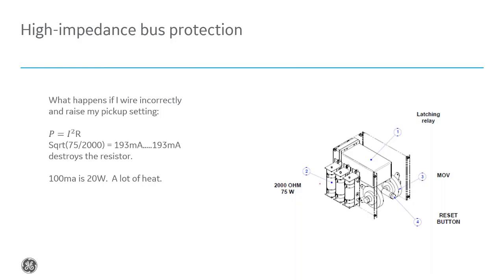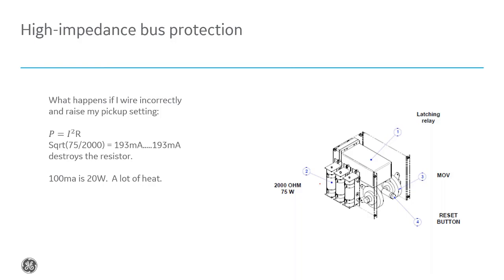So if I take the square root of the 75 watts divided by the resistance, which is 2,000 ohms, that means the rating of that resistor is 193 milliamps. If you pass more than 193 milliamps through that resistor, you will destroy the resistor. It's not meant to have any current flowing through it, or hardly any current in the steady state.